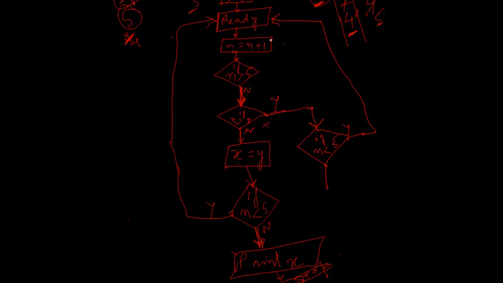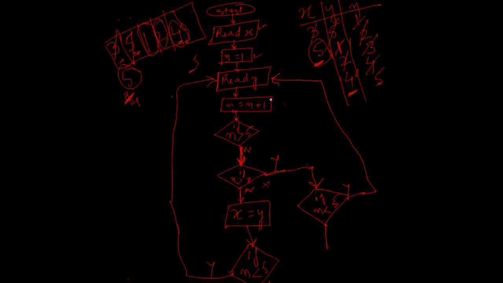I have to read y only in case we have not reached this 5. If we have reached this 5, we will not read, because it will read another, that is the 6th number, which is not available to us.